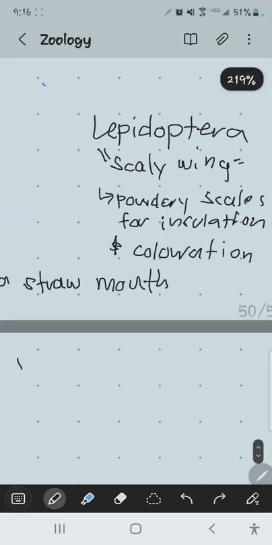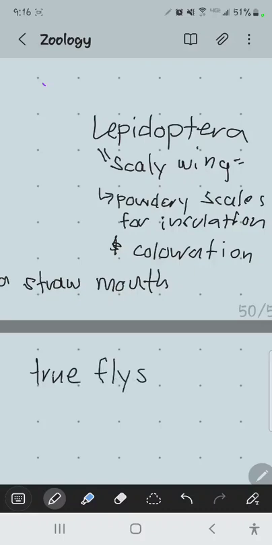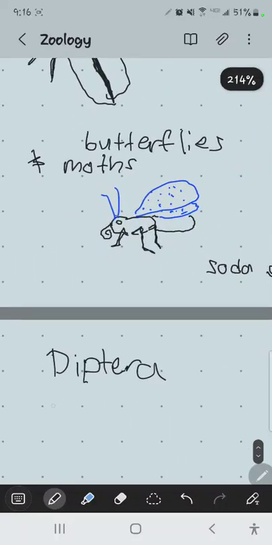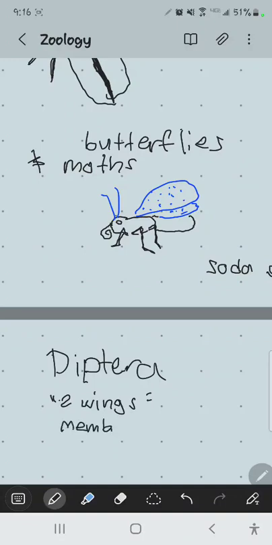They only have 1 pair of wings. And the wings are usually membranous. The hind wings are modified into these little halteres, these little knob-like structures.